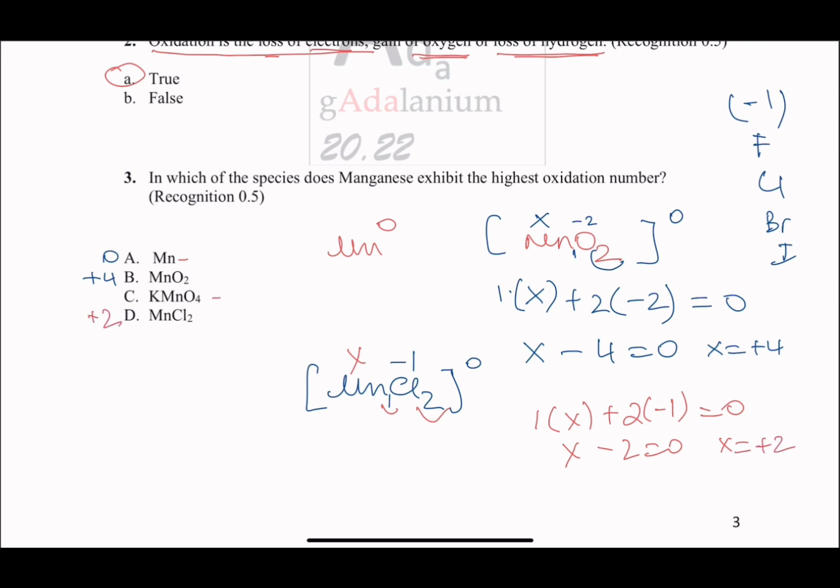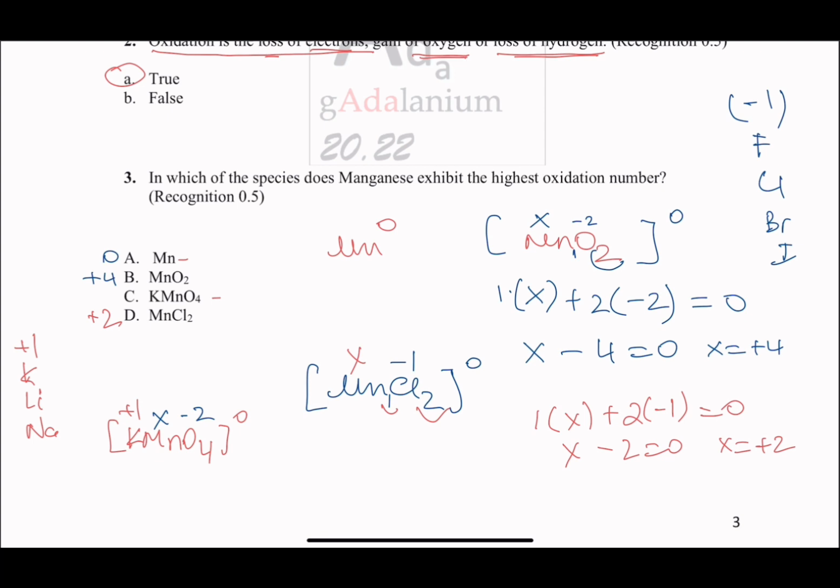And let's check out this guy, potassium permanganate. Over here we know that it adds up to 0. The first group elements, potassium, lithium, sodium, are all +1. So this guy is +1, this guy is x. We know that oxygen is always -2 charge.